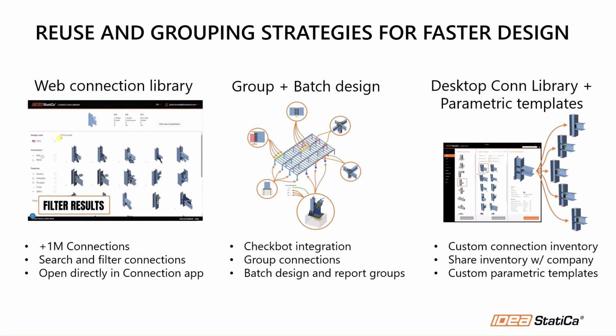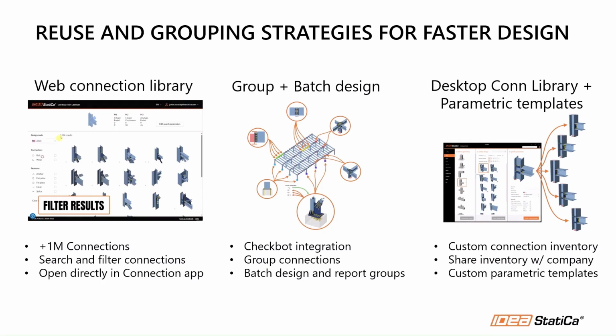Now, if we go into detail for each of these strategies, we'll review different examples in which we tested these methods and see how much time we can save with each and every single one of them. Again, we'll get started with the web connection library. In this example, we're looking at a moment connection.